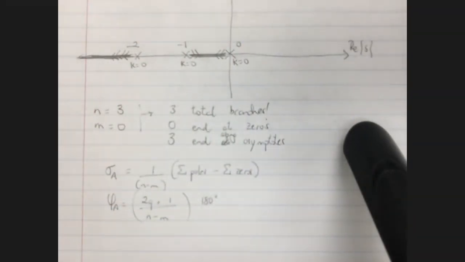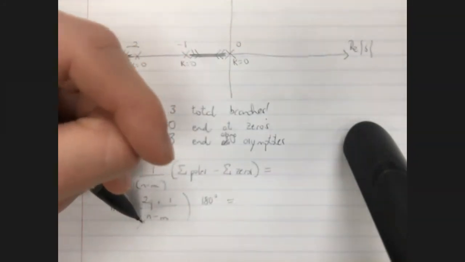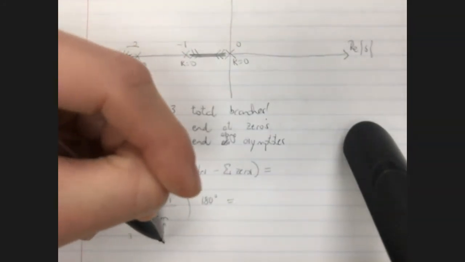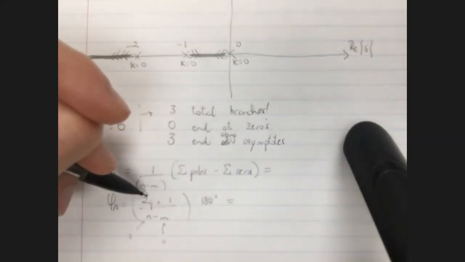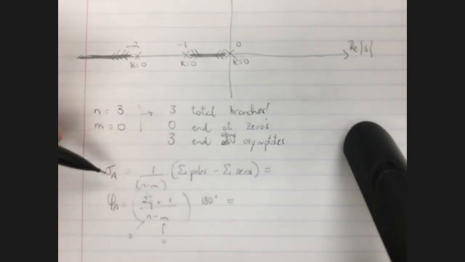Okay, and so let's see what we got for these. Notice that again here my n is equal to 3, m is equal to 0, and q goes 0, 1, 2.